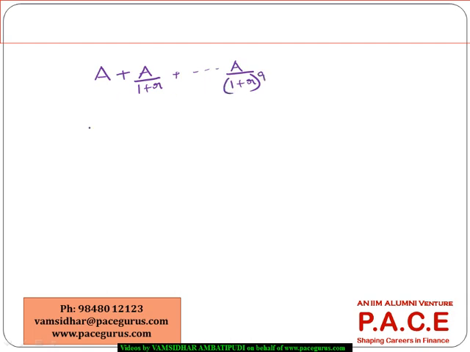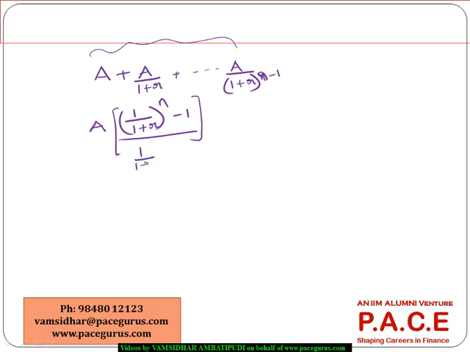So it is the sum of n terms, where the nth payment comes at n minus 1 years: the first term multiplied by the common ratio to the power n minus 1, divided by the common ratio minus 1. The same logic again.